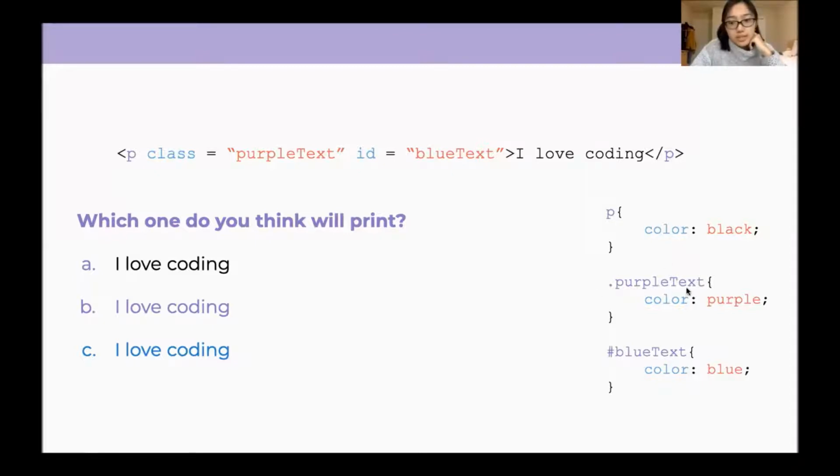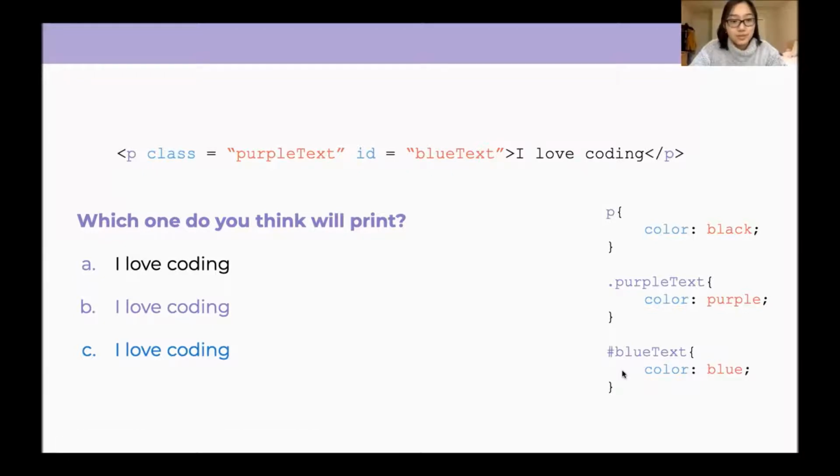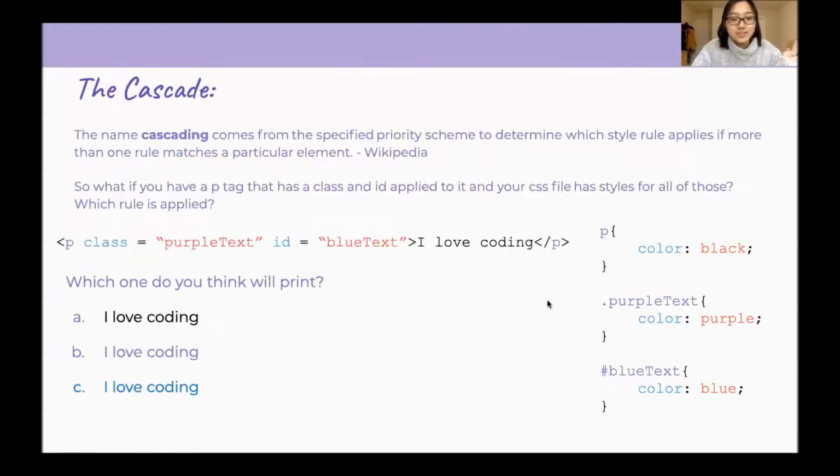Purple text class says that color should be purple. And the blue text ID says that color should be blue. The right answer was blue, because ID is the most specific.